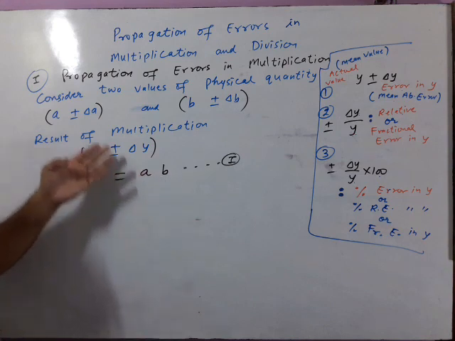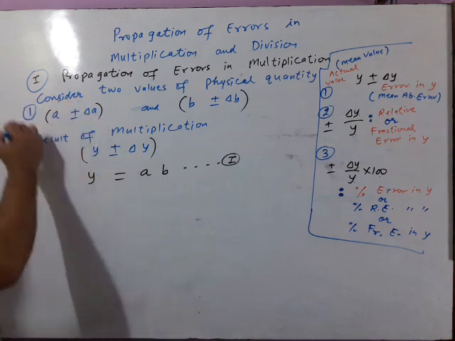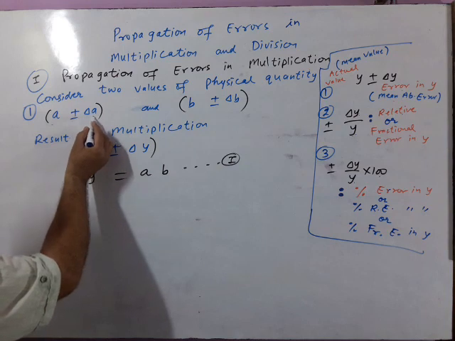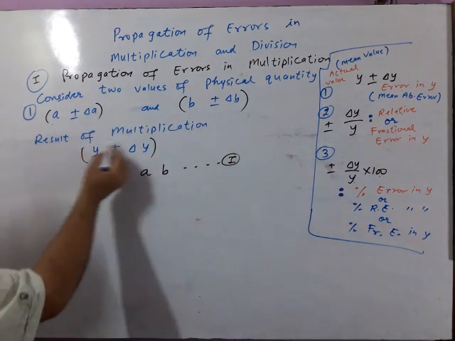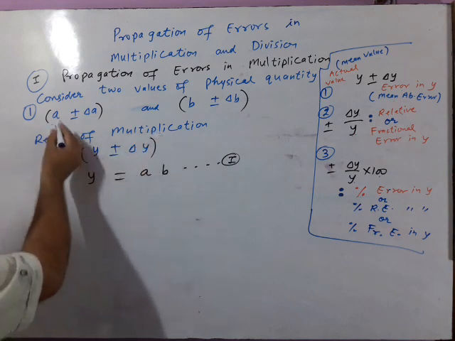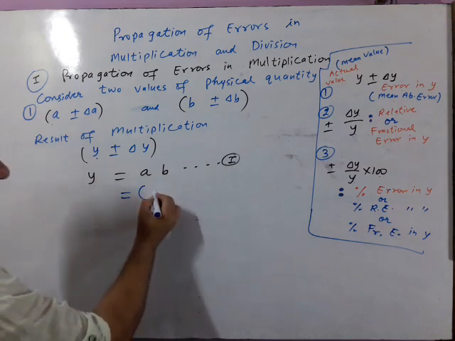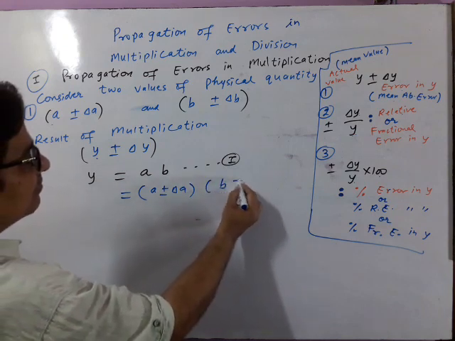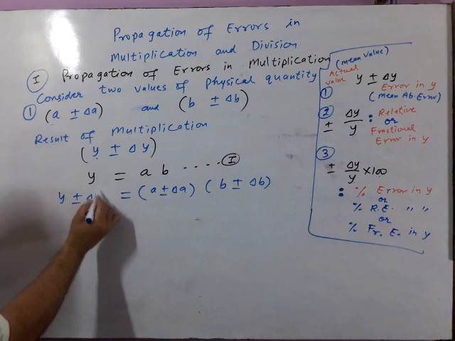Consider two values of a physical quantity written with errors, a plus minus delta a and b plus minus delta b, and consider the result of multiplication as y plus minus delta y. So y is a into b.